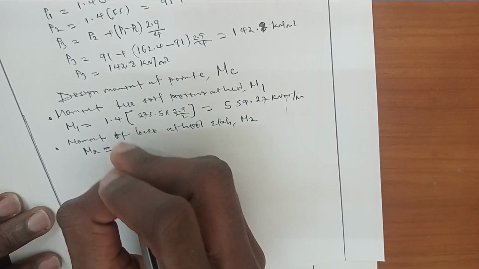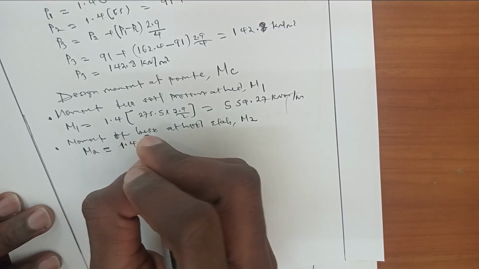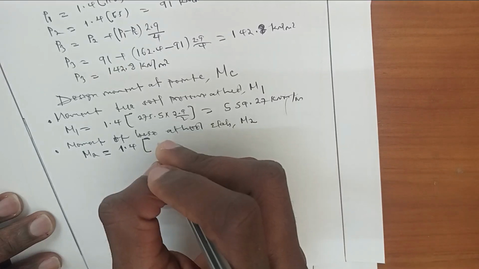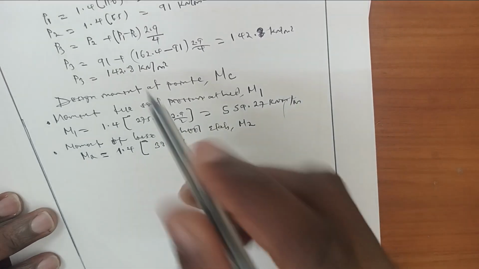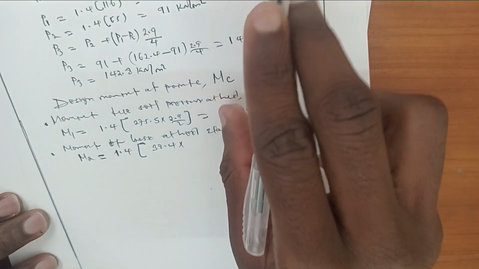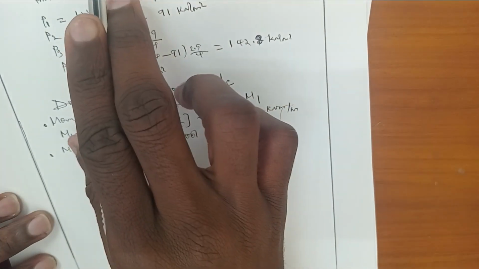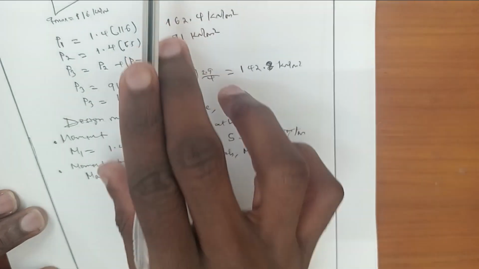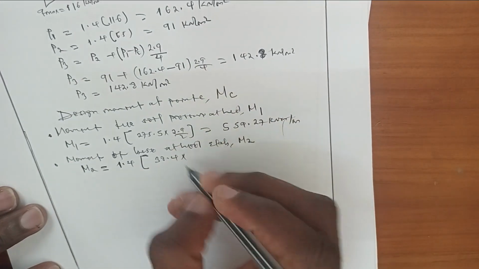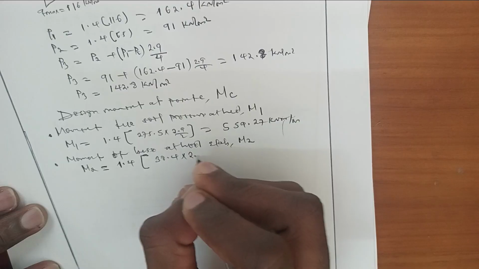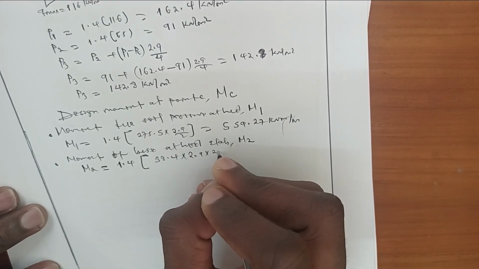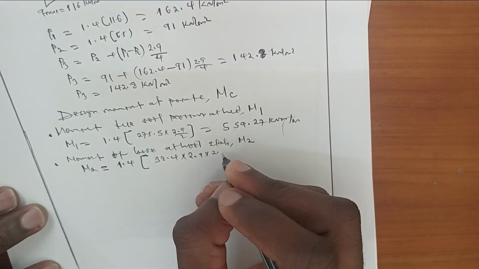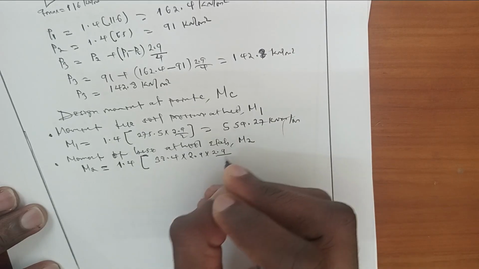So it will be equal to 1.4, the factor of safety, times the weight of base, which is 38.4. Because this is kilonewton per meter, a uniform distributed load, we multiply by 2.9 times 2.9 so as to be kilonewton meter, divided by 2.